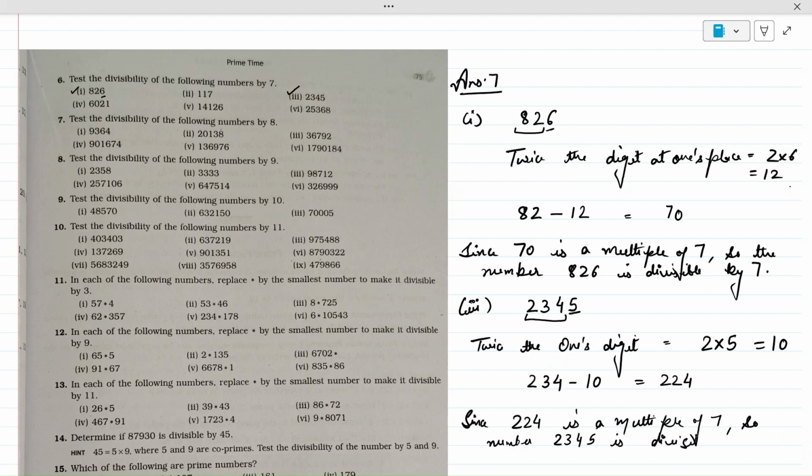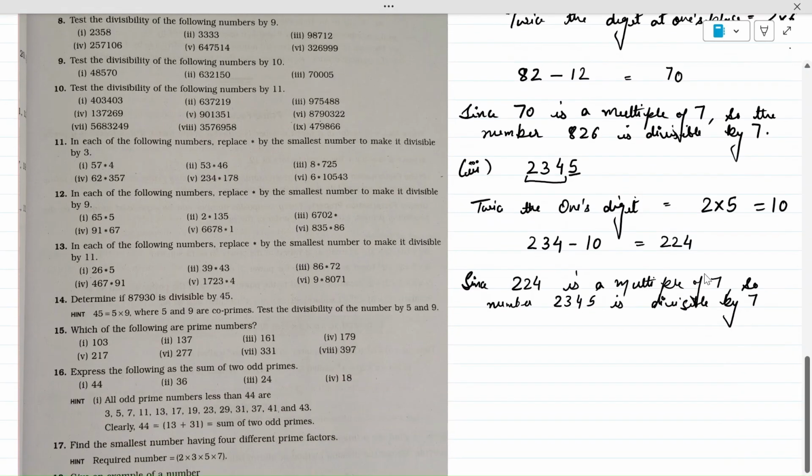Okay, and kids, again, how do we know that this number is divisible by 7? Again, we have two methods. One method is you can simply check with long division, right? Or the second is you can again take this last digit, which we have done earlier also, but I'm telling you again, and take twice this digit.